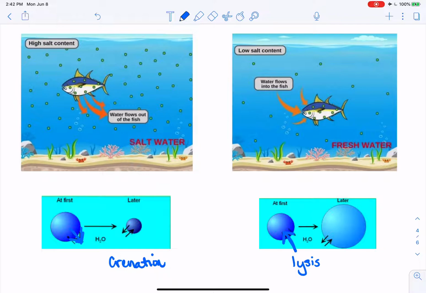So remember, we don't have a cell wall around our cell membrane in animal cells. So if we have too much water, it'll just split the cell open. So freshwater fish have developed mechanisms by which they can get the water pumped out of their body that they need to pump out in order to keep their cells from bursting. So those are the issues that the two different fish face.